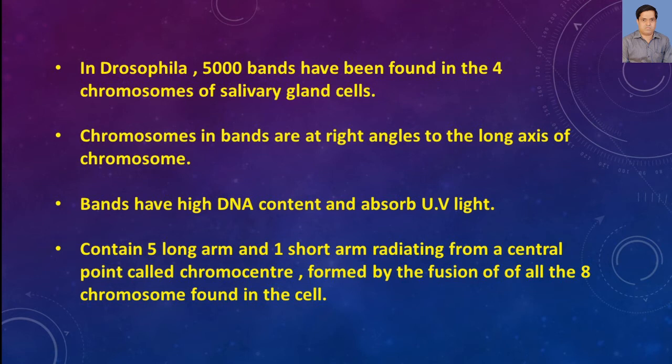And these bands contain 5 long arms and 1 short arm radiating from a central point called the chromocenter, formed by the fusion of all the 8 chromosomes found in the cell.